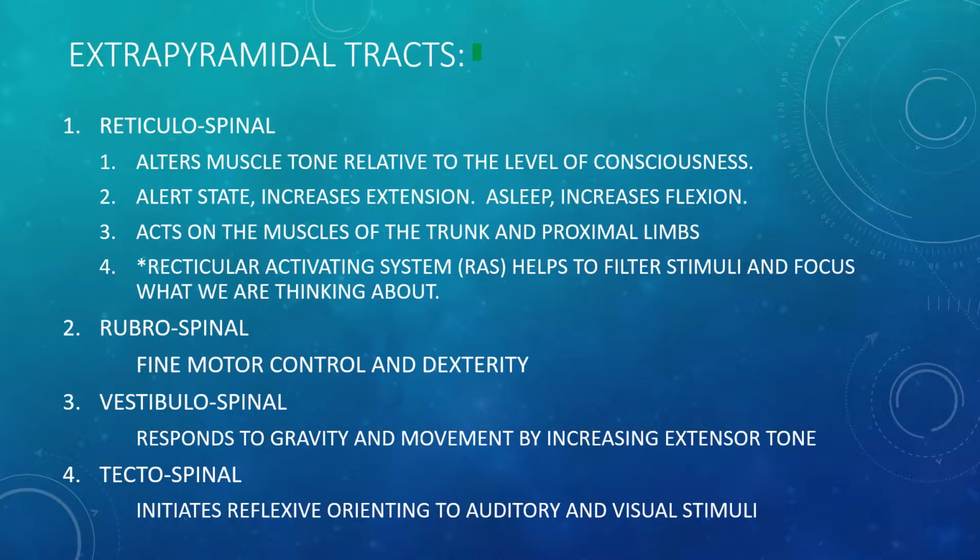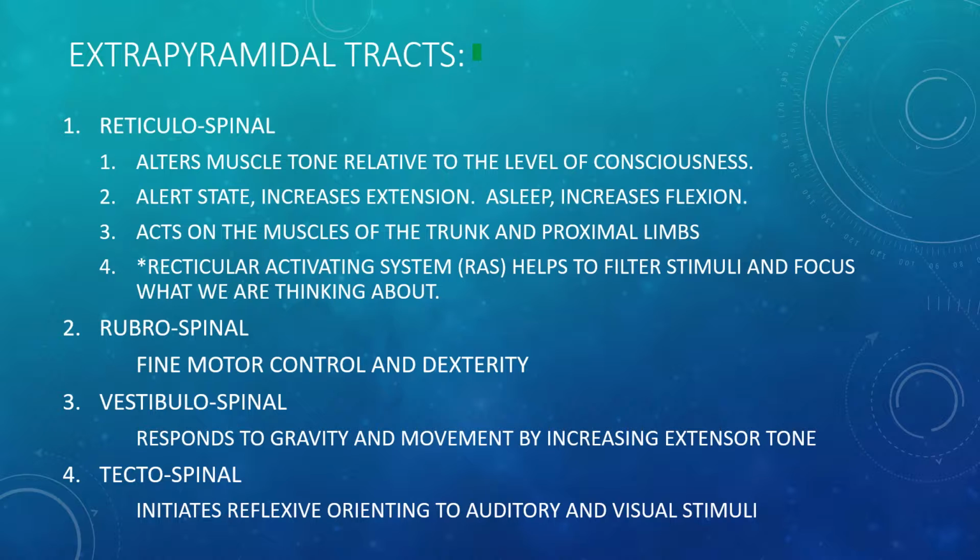So it can alter muscle tone relative to the level of consciousness. And in an alert state, it helps to increase extension. And in a more sleepy state or being asleep, it can increase flexion. So it acts on the muscles of the trunk and proximal limbs. And the RAS helps it to filter stimuli and focus on what we are thinking about.